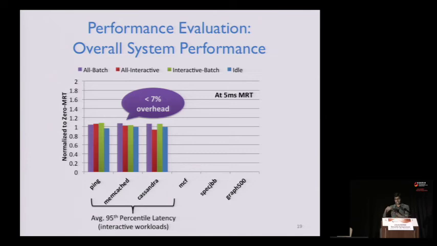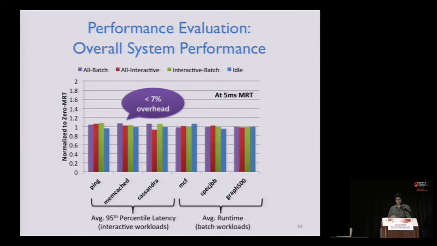It's important to note that we almost observed 0% overhead on median and average latencies. And for batch workloads, we observed improvement for some of them, as expected. This is one of the results that we will be showing here. There are a lot more results in the paper.